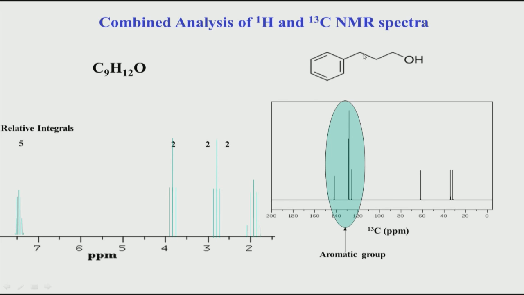Now, if you look at this peak here, this carbon and hydrogen, this is attached to an electron withdrawing group, the benzene, the aromatic ring. Therefore, they are expected to be downfield shifted. So, out of these 2 peaks here, the methylene, one of them is this carbon, other is this. But what about the protons?